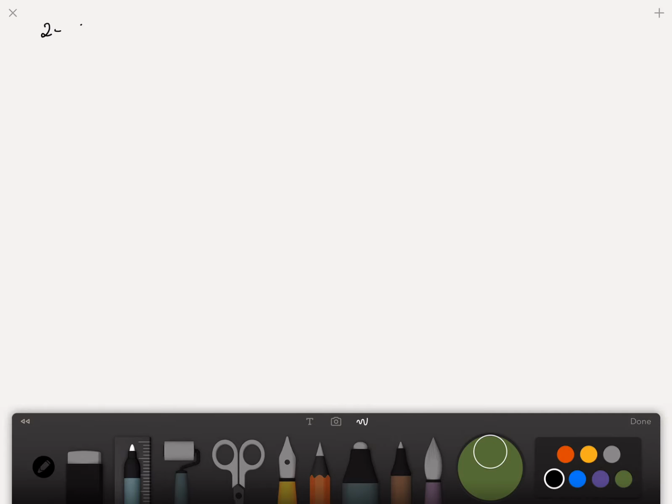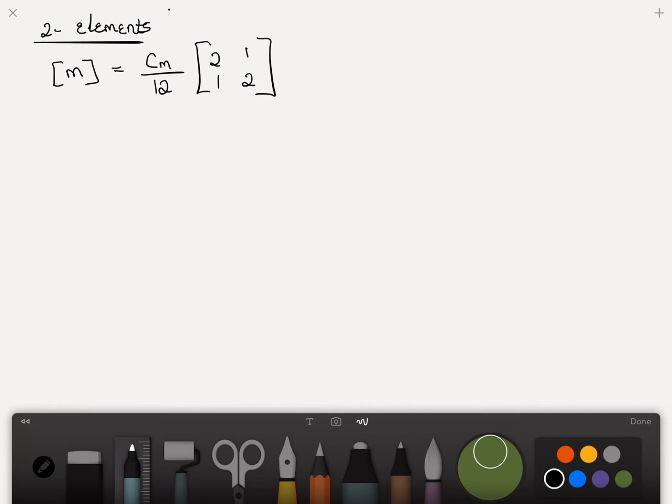All right, so for 2 elements, we now find that M is equal to Cm, we did this before on the first page, over 12 into 2, 1, 1, 2, which is equal to a over 12.